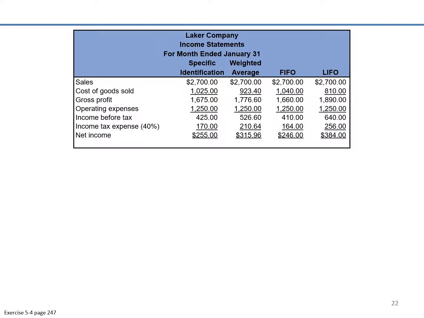All right, so there's our completed income statements comparing the net income of all four methods. So, which method yields the highest net income? Well, looks to me like LIFO, right?